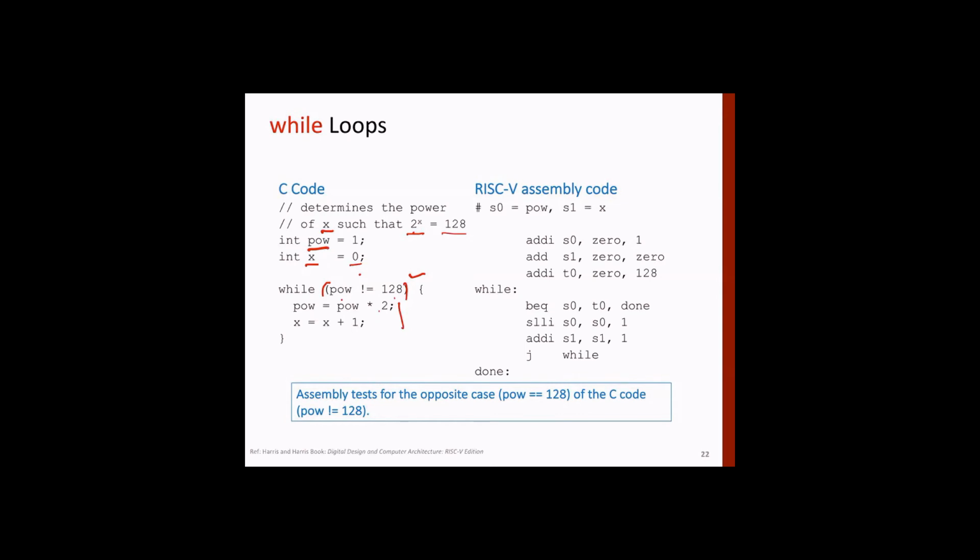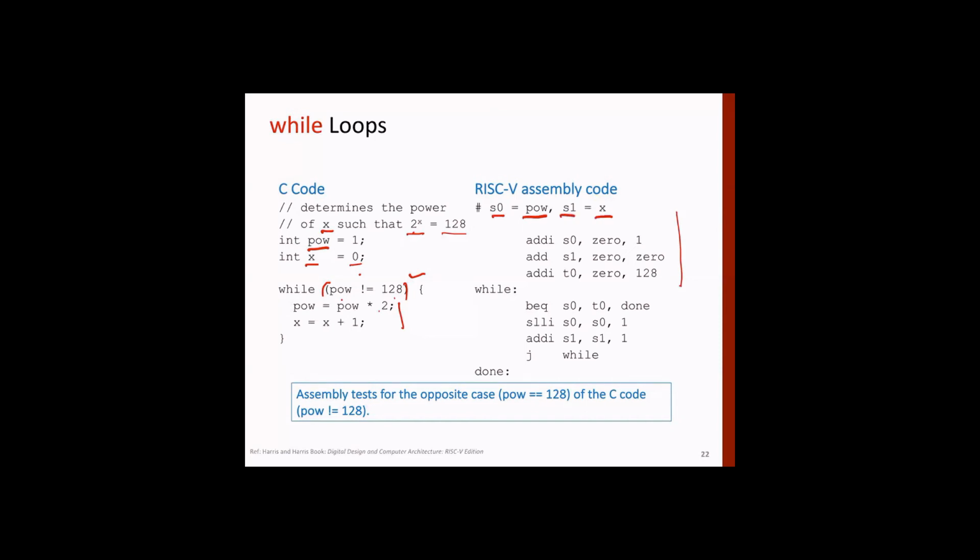All right. So how do we develop this algorithm in assembly? The compiler will convert this statement into corresponding assembly language statements, which will look something like this. Let's assume that S0 will contain POW and S1 will contain x.